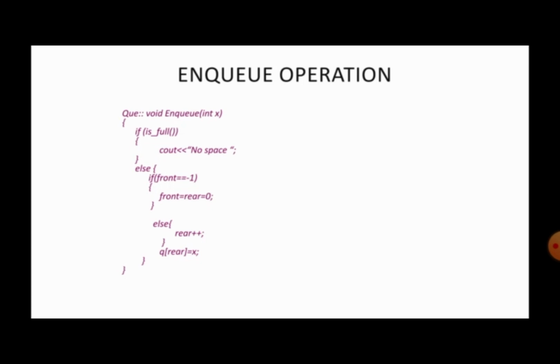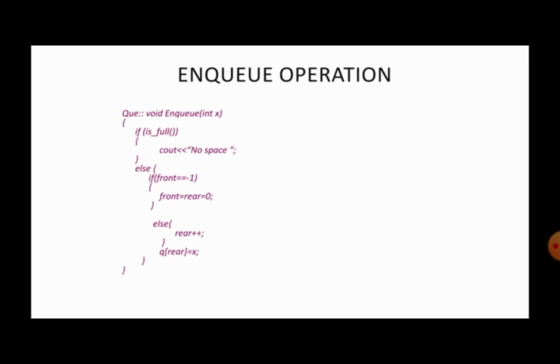So first of all, recall the example of the bus station. If a first passenger arrives there, before him the front and rear were at -1, meaning there was no person in the queue. And when the first passenger arrives, then front and rear both point to that person. So here again, we are checking whether there is already an existing queue or not.